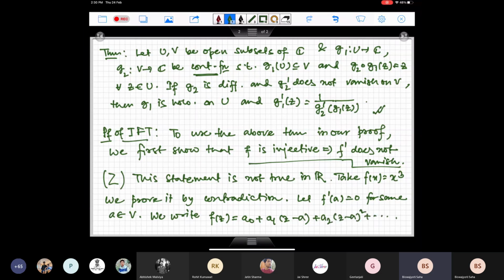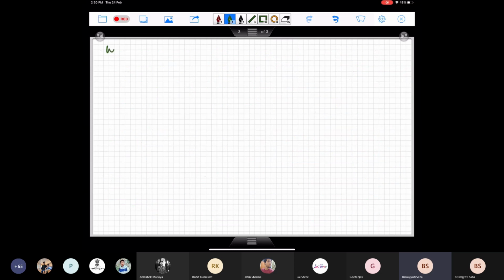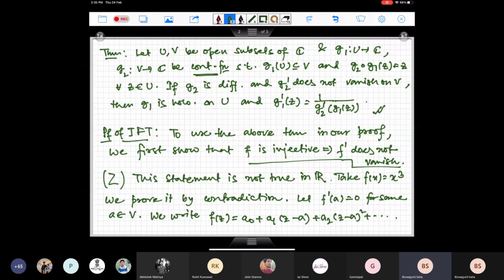So we write a power series expansion of f around a. Okay, and of course here we know that these constants can be given in terms of the derivative. So ak is the kth derivative of f at a divided by k factorial for k bigger than or equal to 0. Right? We know this. All of you agree to that?